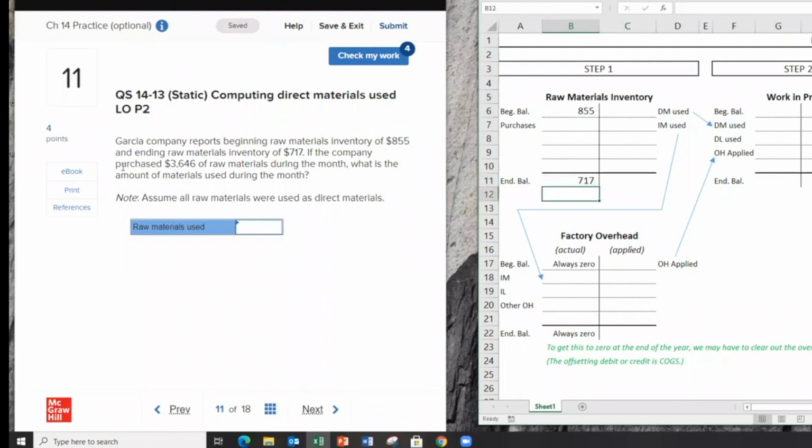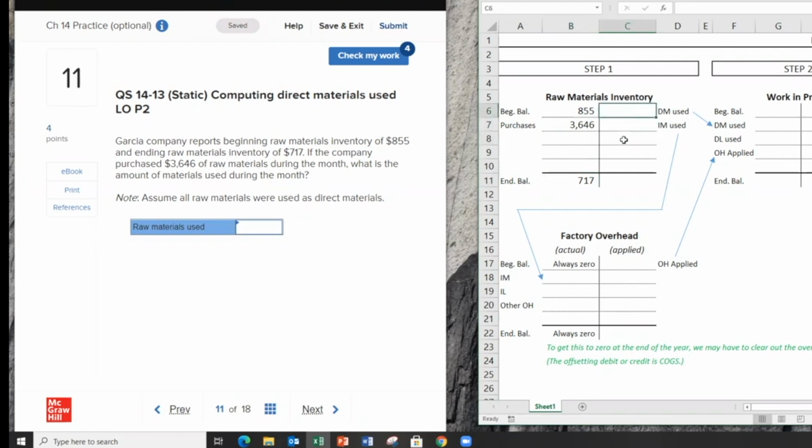If the company purchased 3646, purchases go on this side because it's an asset and we're debiting it because we got more, 3646. What is the amount of materials used? They're not really distinguishing between direct and indirect. How much was used? Well, if we had this much and we only ended up with that much, how much did we use?